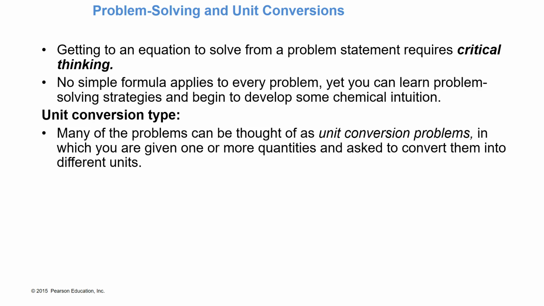In your periodic table reference packet, I have a couple of basic ones like inches to centimeters. I have gallons to liters or something like that. And so you should be able to get from any one imperial unit to a certain metric unit just by a couple of steps. And there's no direct formula for it. You just have to know the conversion factor and be able to apply it.